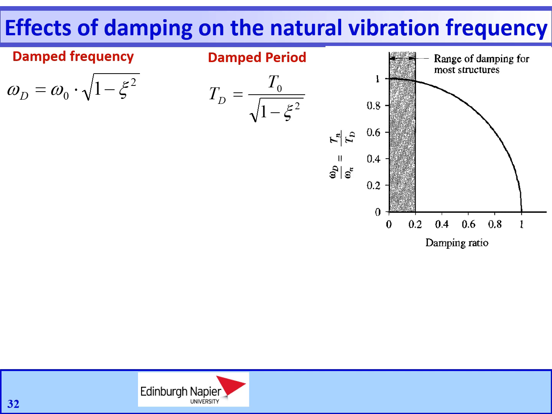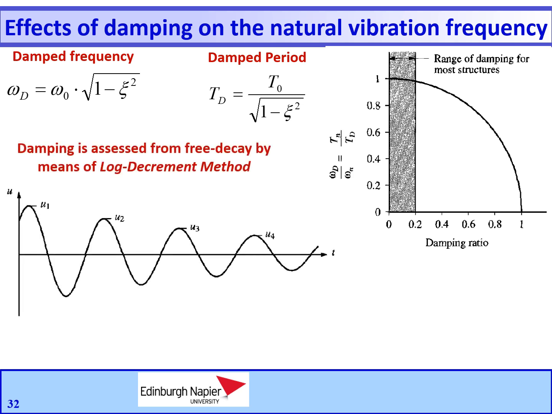The more important effect of damping is on the rate at which free vibration decays. It is worth discussing the relation between the ratio of two successive peaks of damped free vibration and the damping ratio.